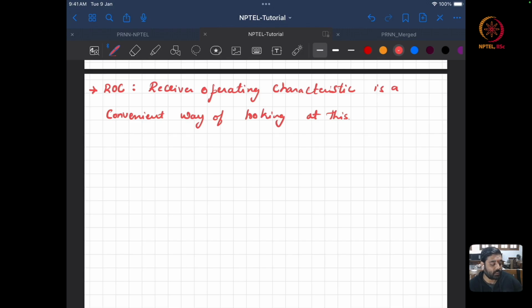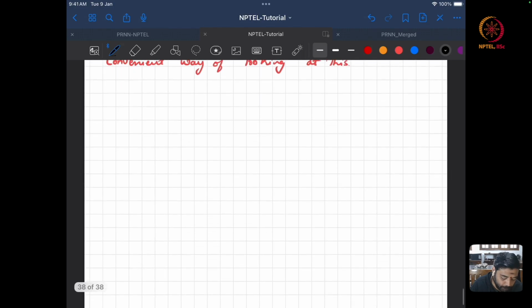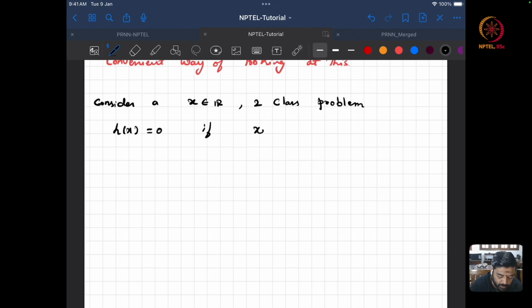Let's consider a one-dimensional feature and put all of them together. Consider x belongs to R and a two-class problem. Then my h of x is equal to 0 if x is less than tau.